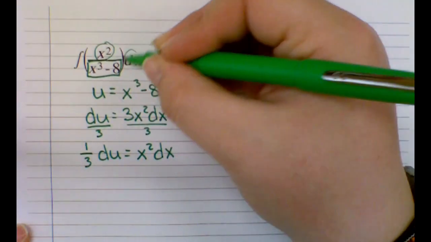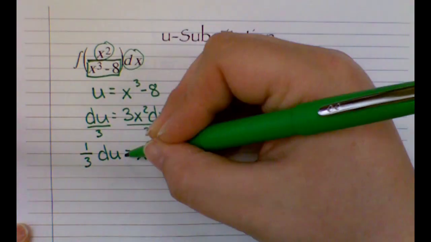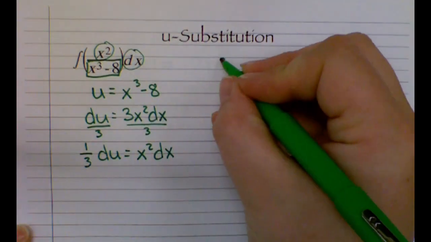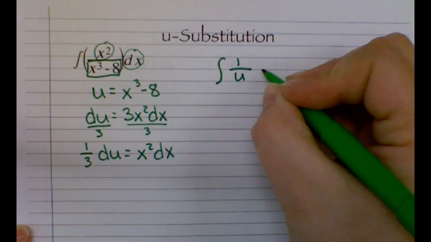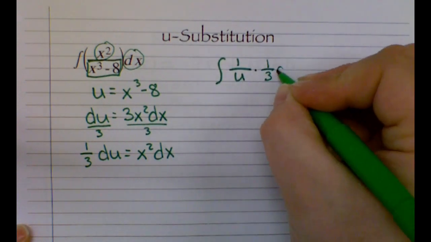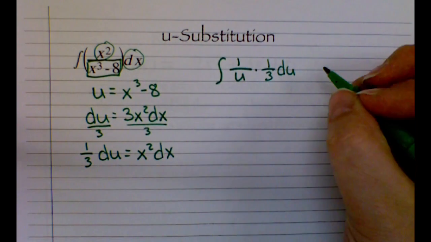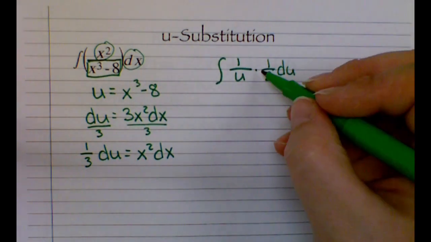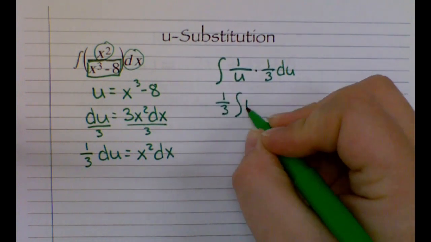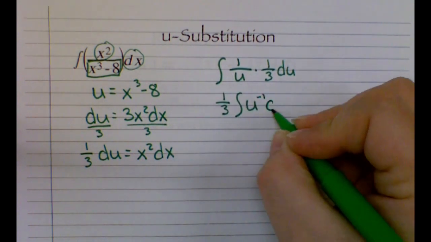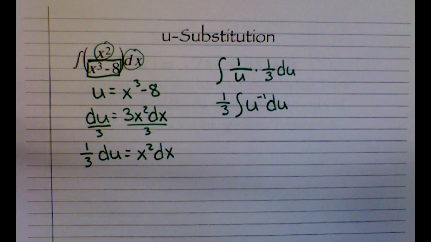X squared dx is 1/3 du. So I have the integral of 1 over u times 1/3 du. To clean this up a little before I integrate, I would take that 1/3 out front, and I would call this u to the negative first power du.